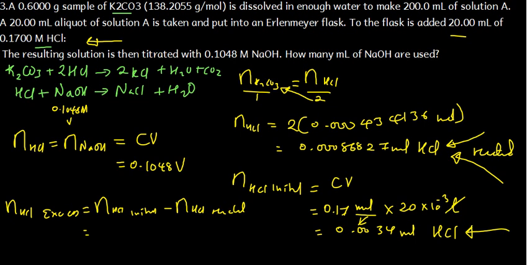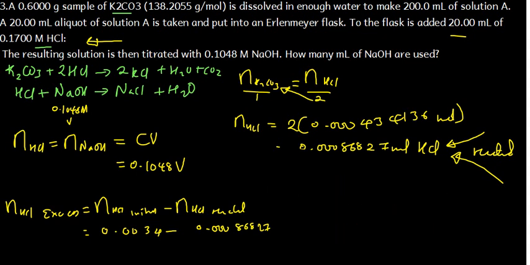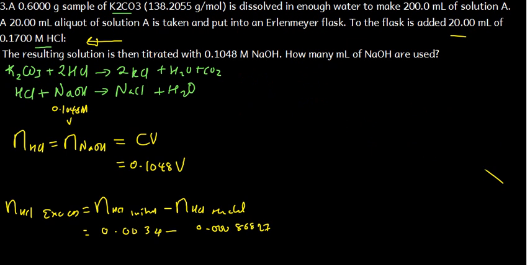The initial moles is 0.0034, minus those which reacted in the first reaction, 0.00086827. If we do the subtraction here, we're supposed to get 0.002531728 moles of hydrochloric acid. Now these are the moles of hydrochloric acid which remain to react in the second reaction.